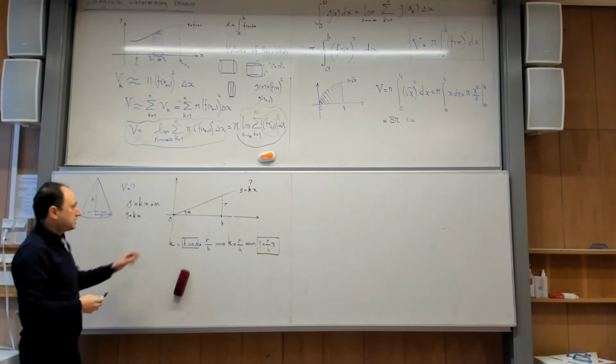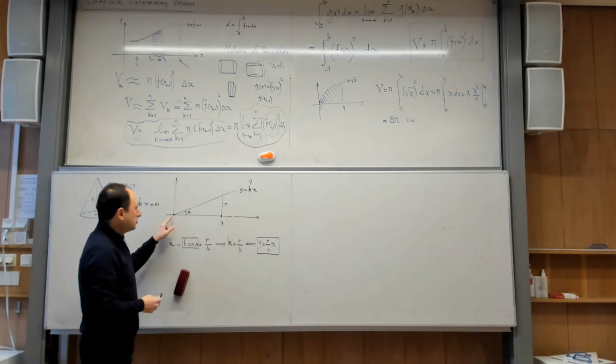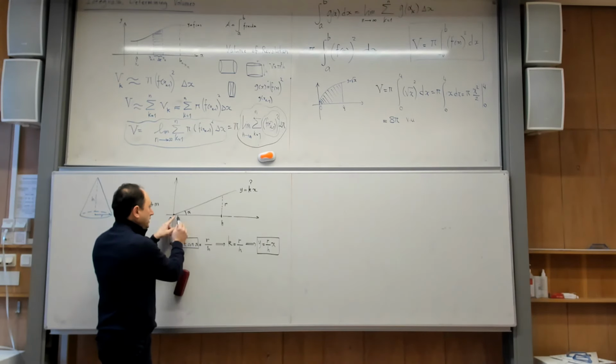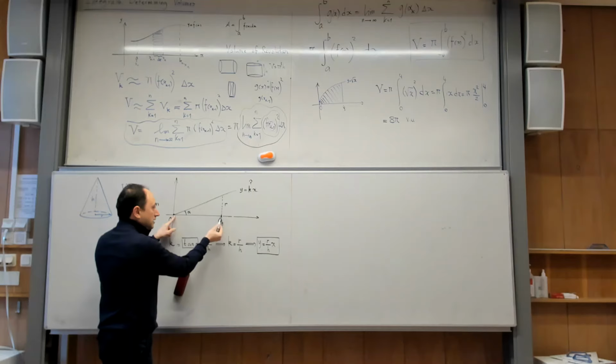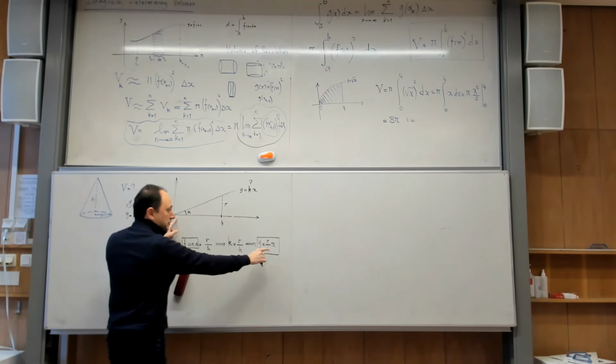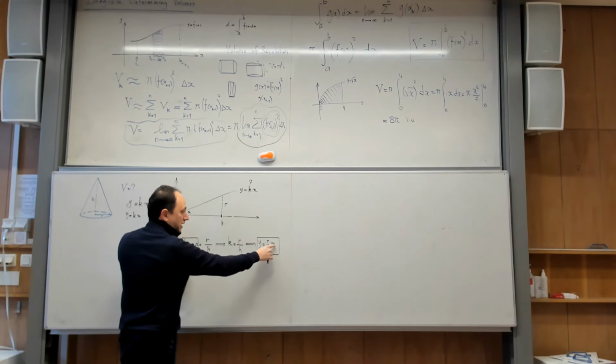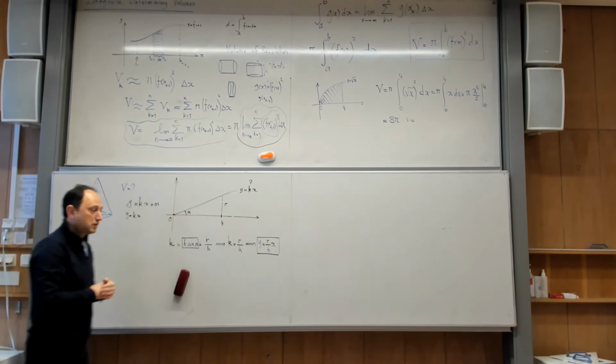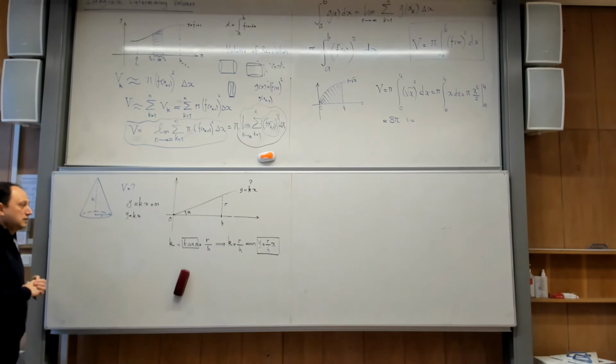Your goal is to generate a cone with these dimensions. So it means that when you reach h, this should be r. If instead of x I put h, the h cancels and y becomes r. That's exactly that number. So you could guess that function.